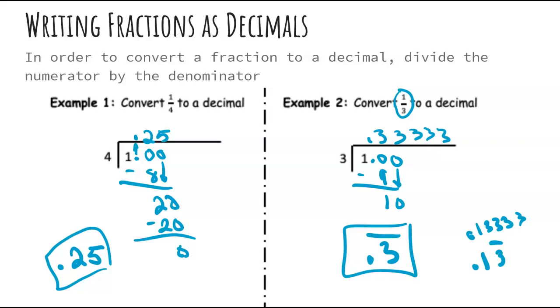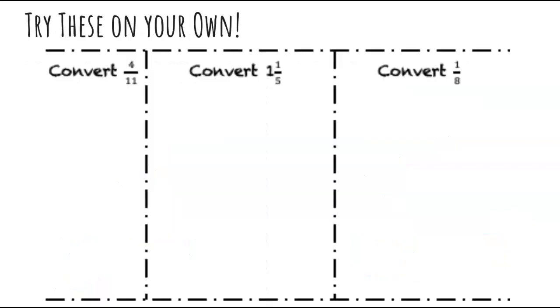Take a second, pause the video, do the next section on your own, come back and we'll go over it. So let's take a look at these. First one is 4/11. So we drop the 4 into the house. We have the 11 out of the house.